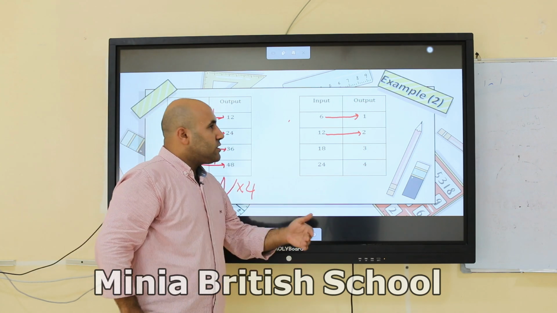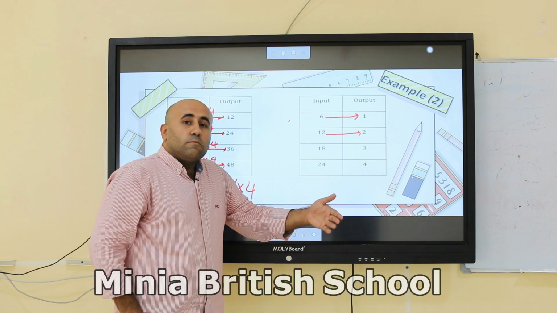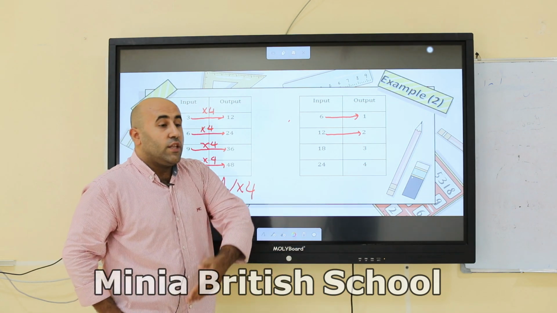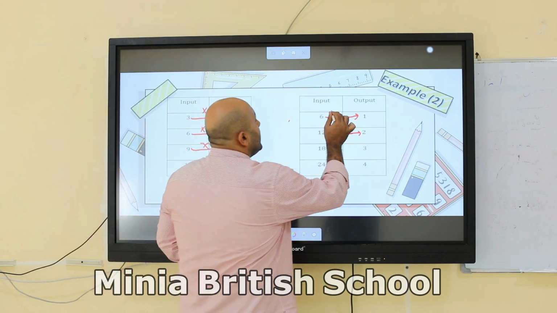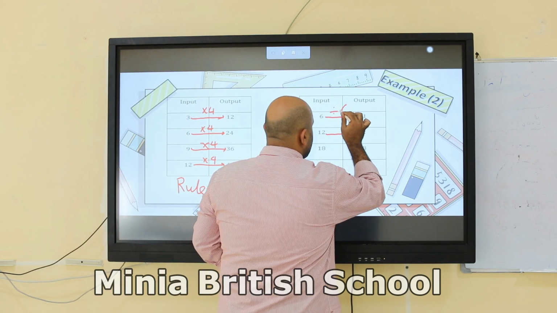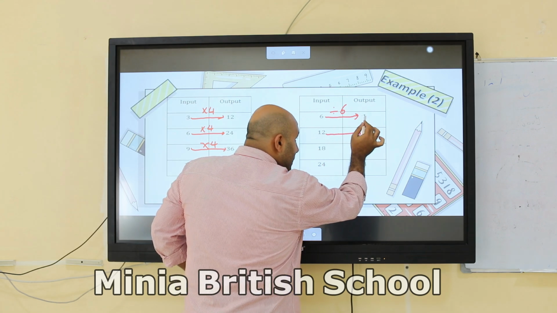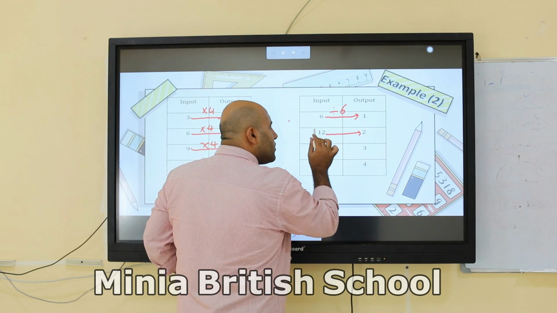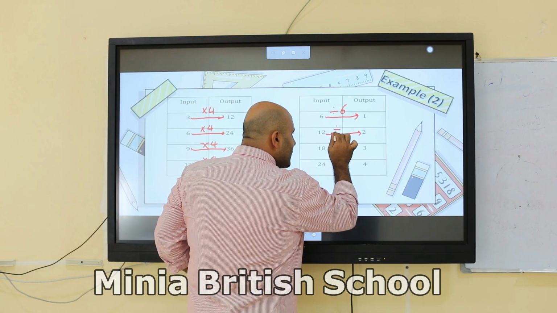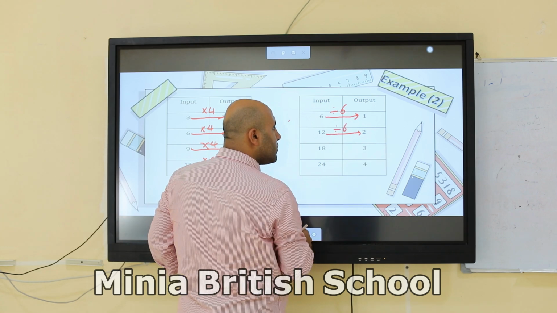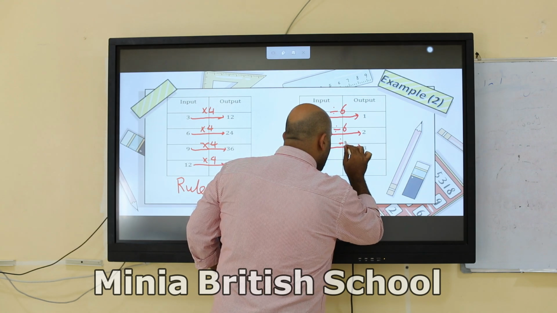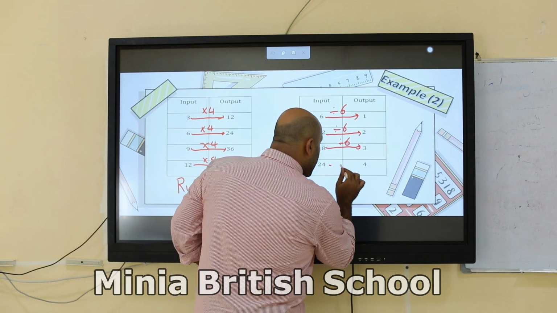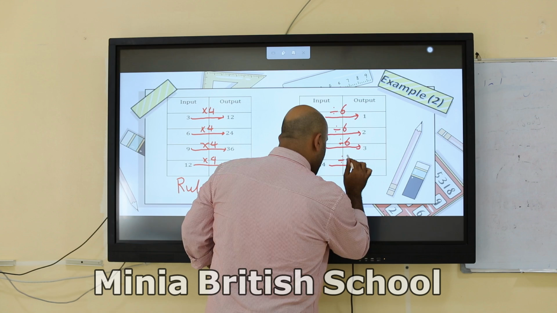They decrease, which means subtraction or division, and you all think it right that we divided by 6. So 6 divided by 6 equals 1. That's right. 12 divided by 6 equals 2. The same way, 18 divided by 6 also equals 3. 24 divided by 6 gives me 4.